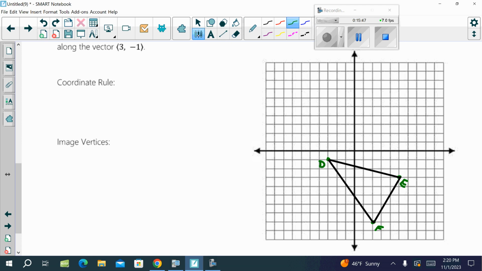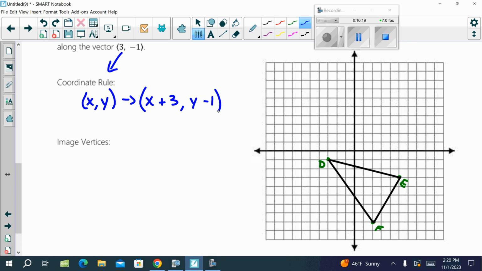All right. So there's triangle DEF. And then it says along the vector 3, -1. So if we turn that vector into a coordinate rule, that would start with x comma y transforms to x plus 3, since it's a positive 3, and y minus 1, since it's a -1.